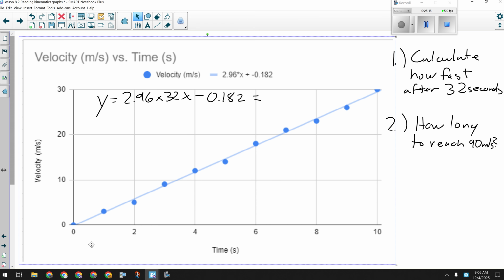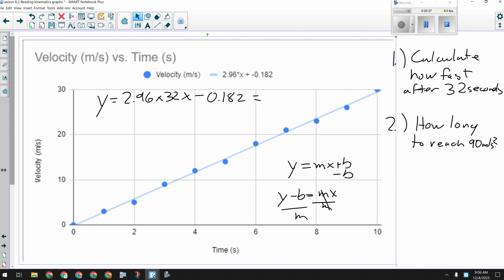How many people are done the second? Okay. So on the second one, how long? Time is on the x-axis, so y equals m times x plus b. Subtract b from both sides. Got y minus b equals m times x. Divide both sides by m.